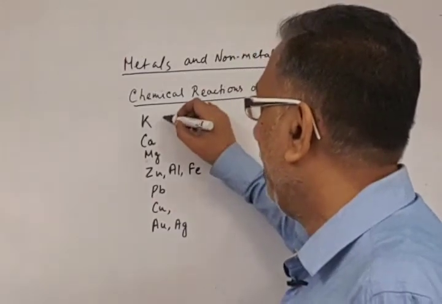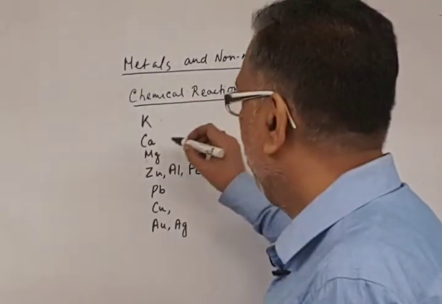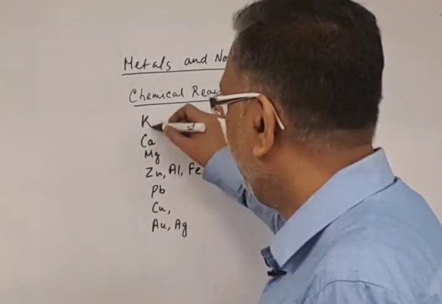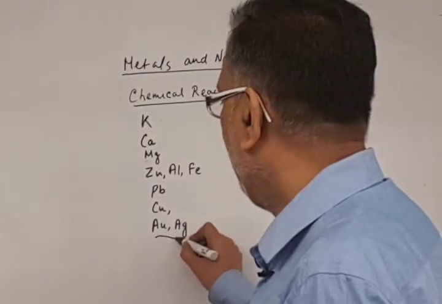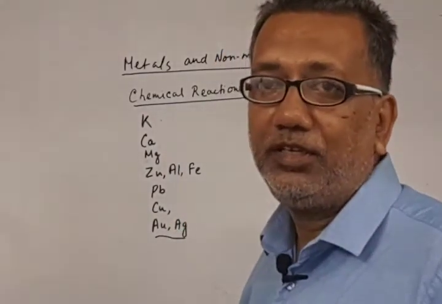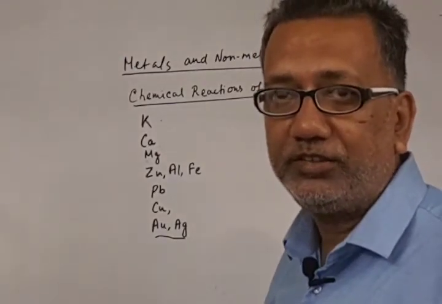Potassium is the most reactive metal, then the reactivity gradually decreases down to copper, and gold and silver are the least reactive. Sometimes they are also called inert metals.